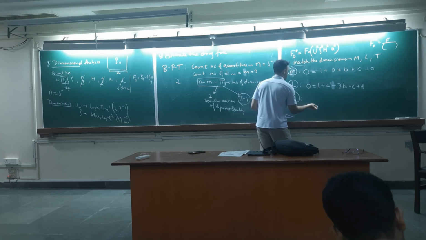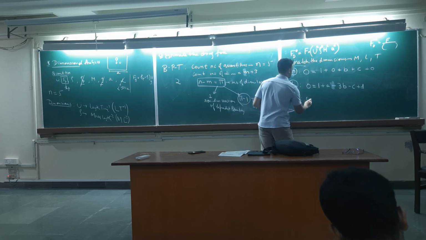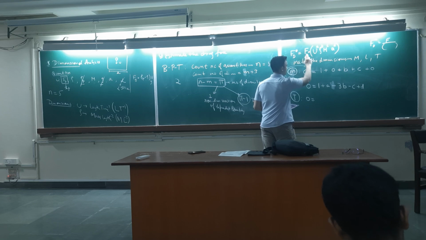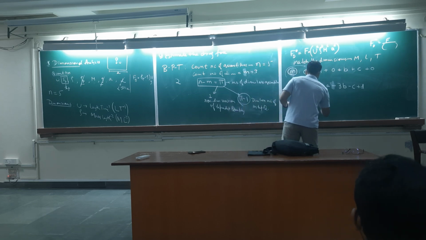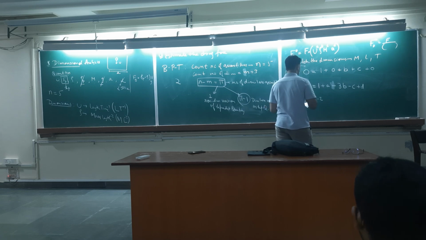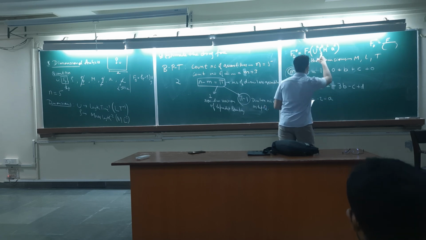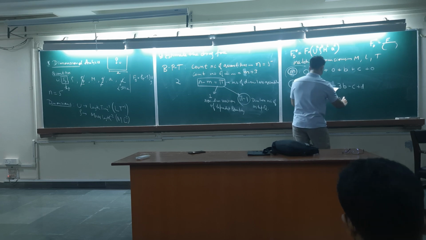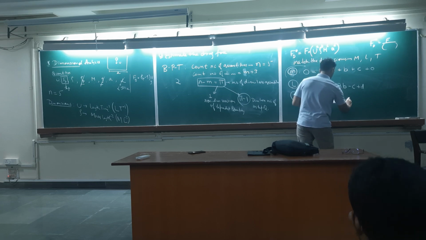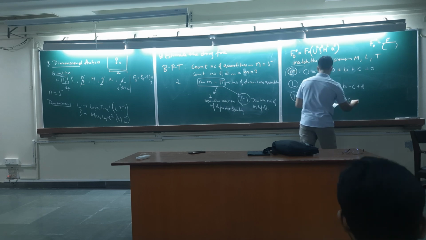And for T: 0 is equal to minus 2, then minus A, plus 0, then viscosity minus C, and then size is 0, right?